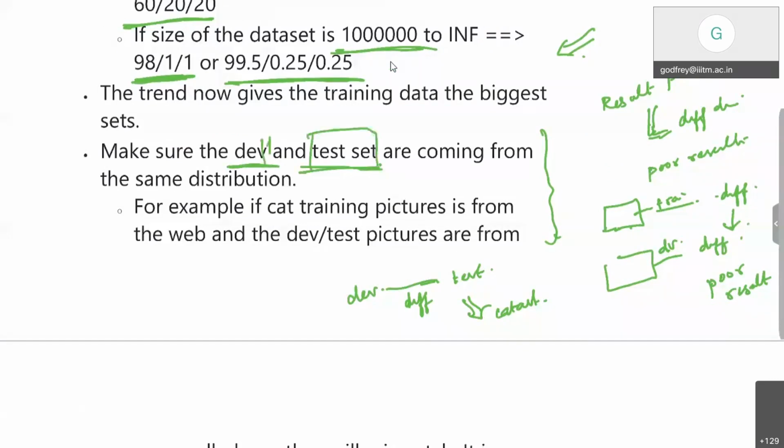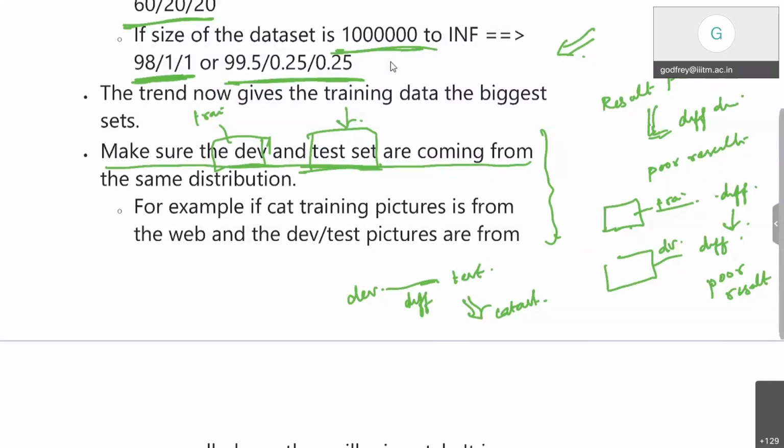Say the development data set comes from the same distribution as the training data set; then your model may not work well for the test data set. So it is important to ensure that the development and test data sets come from the same distribution.